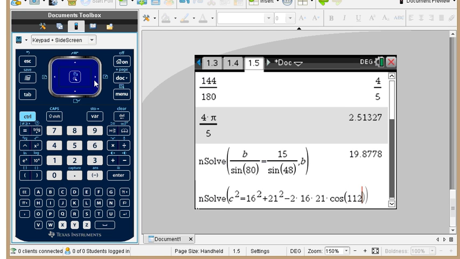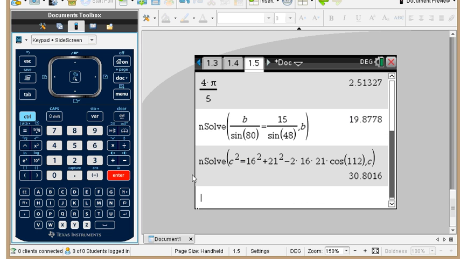And then we press to the right, comma, c, what we're solving for. We get, to the nearest tenth, I believe that's 30.8.